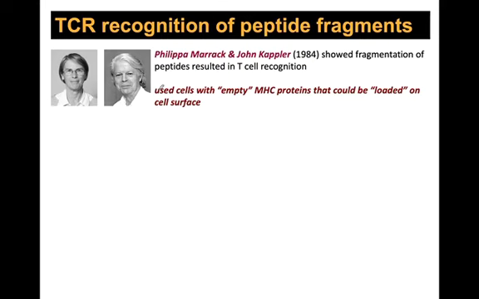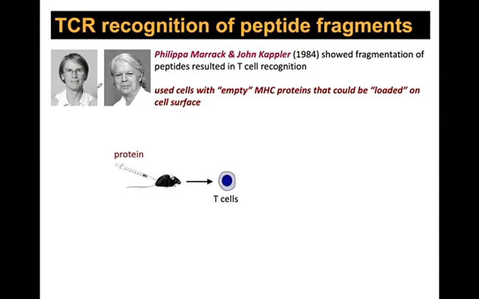And they had cells that expressed empty MHC proteins. And so we'll go into it, but essentially they lacked the transporter that would normally transport peptides into the endoplasmic reticulum for binding to MHC. And therefore, they could just load these MHC on the surface, okay?